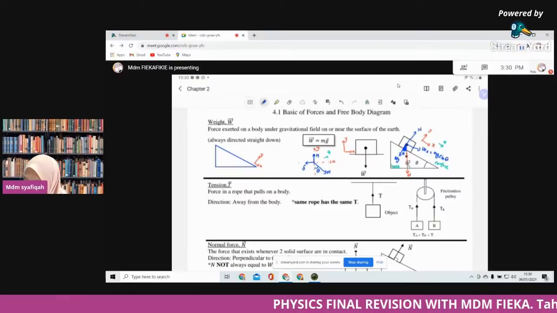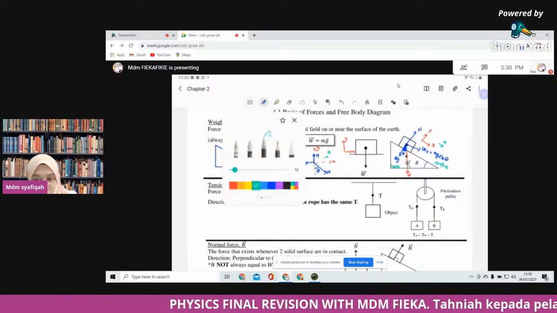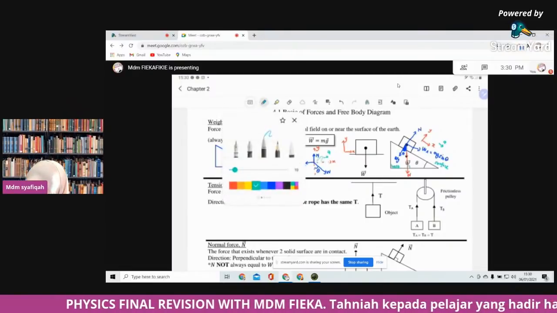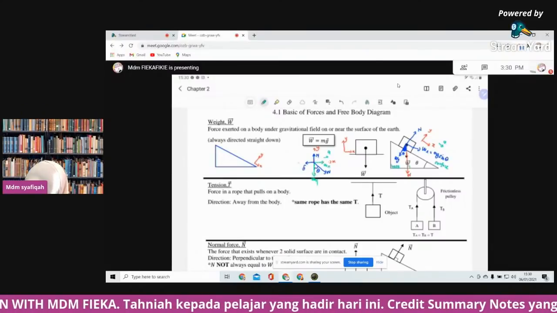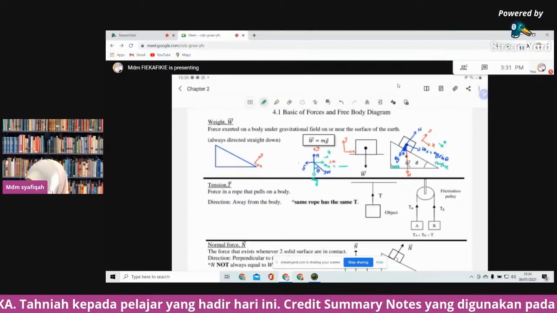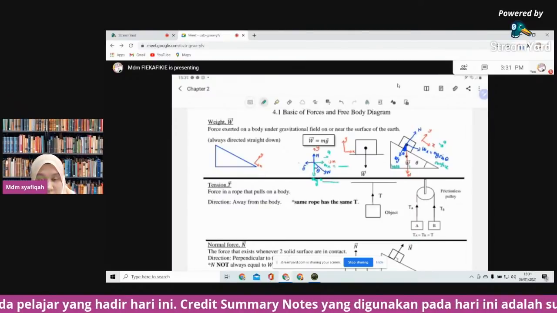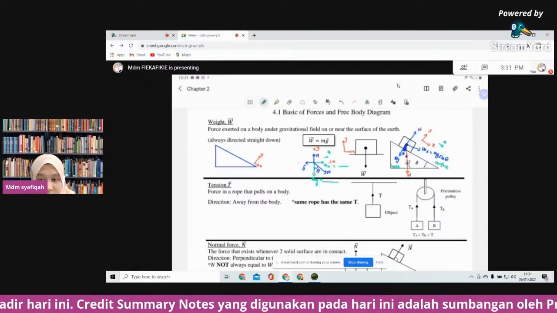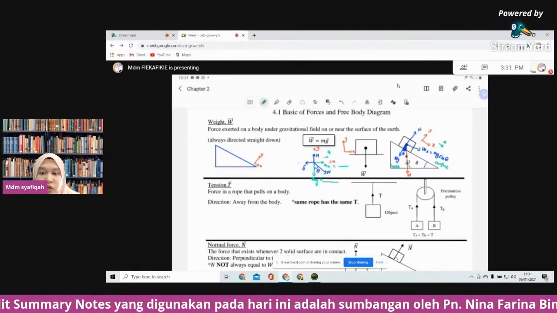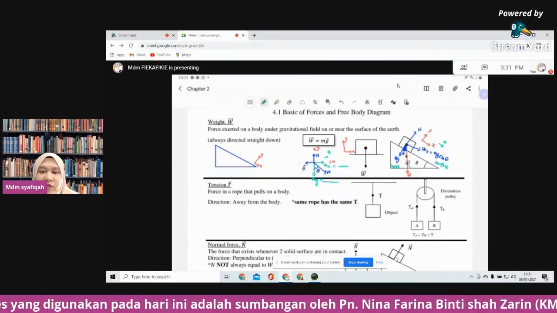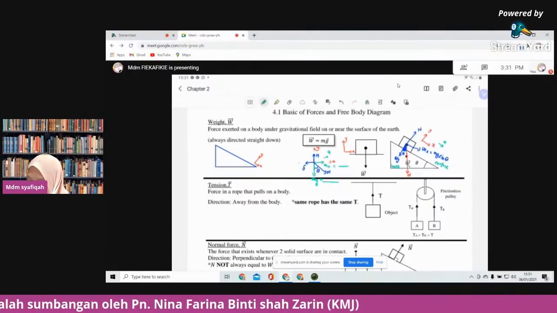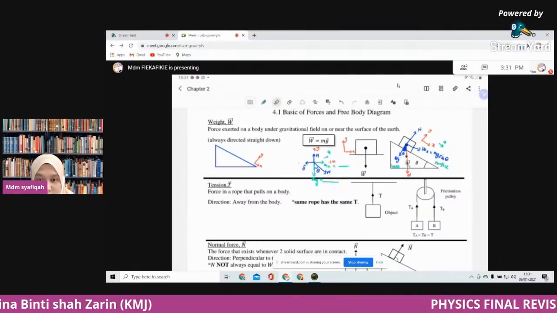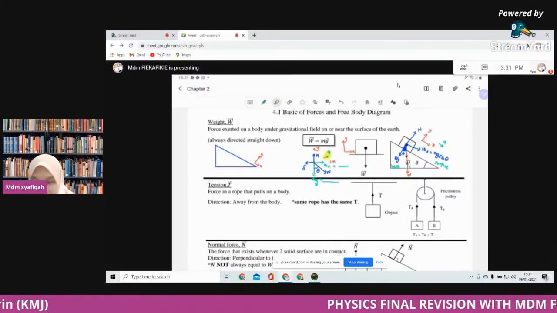X and Y axis. Okay, and now when you want to proceed to your calculation, make sure you tulislah nilai dia. Kita nak resolve WX and WY. So WX berapa? WY berapa? WX to the left or to the right? Okay, kena ingat. So WX and friction, siapa yang positif? That's why it's very important, you must know the direction of the motion. Objek itu bergerak ke mana?